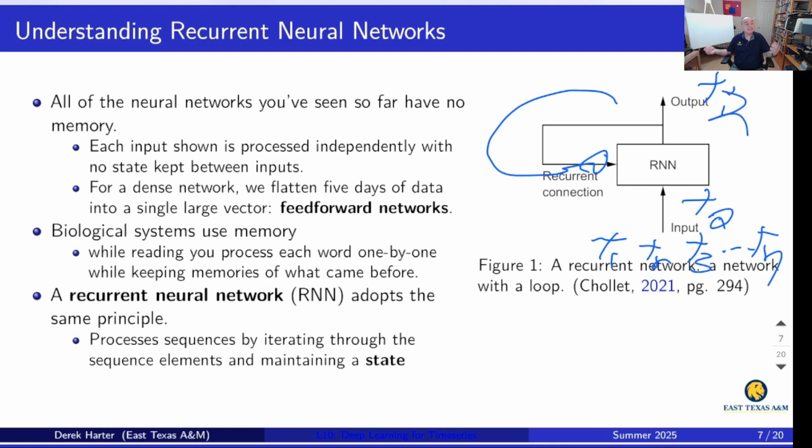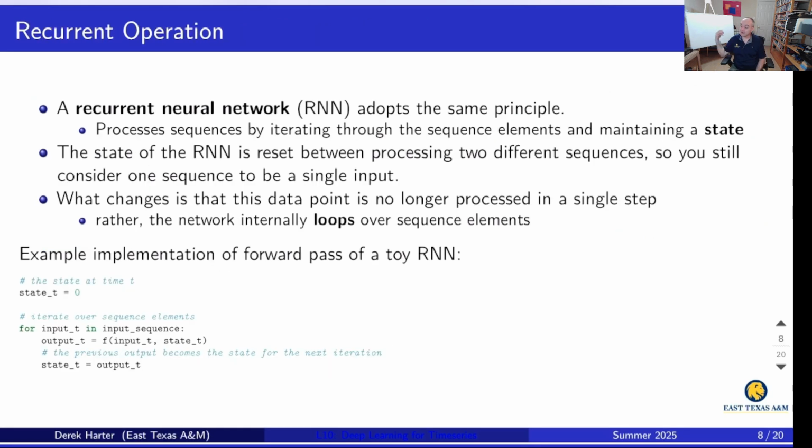Conceptually, you can think of it as processing the elements sequentially as a time series, as a sequence that has some causal relationship. So a recurrent layer adopts that principle: it processes sequences by conceptually iterating through them, time 1, time 2, time 3.